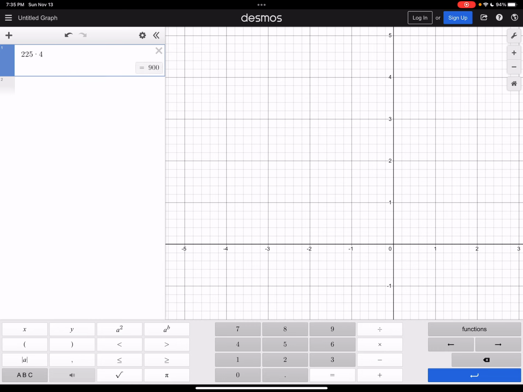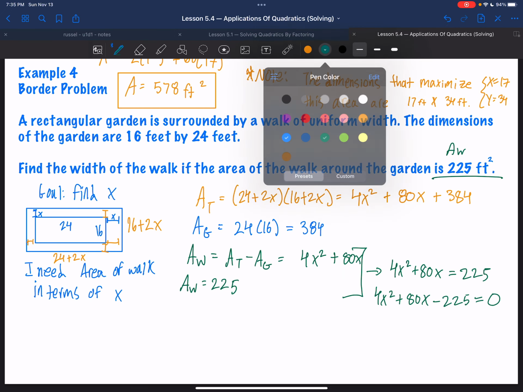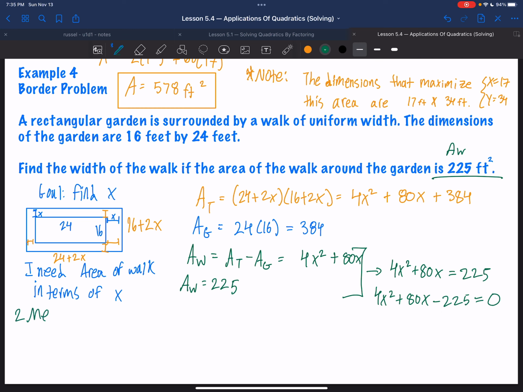Shoot, that's 90 and 10, isn't it? Oh, my goodness. So we could do two methods here, right? All right, I'm going to say two methods. Factoring or quadratic formula. Let's just try that. Formula. Okay. Either way is going to work.